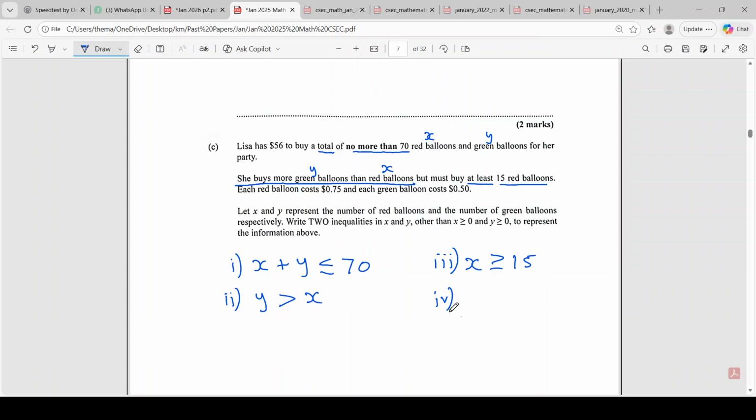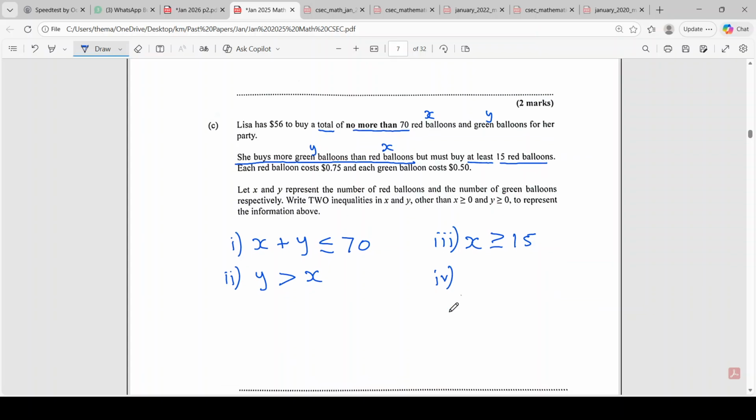So we're just doing all the 4 options here. Aidan, give me the 4th one. 0.75x plus 0.5y must be less than or equal to $56. Okay, good. Right.